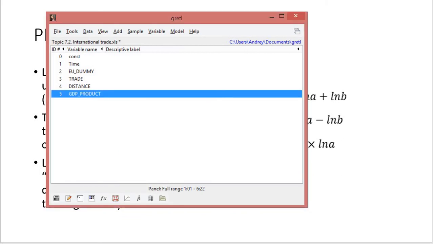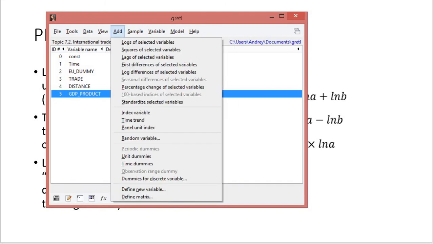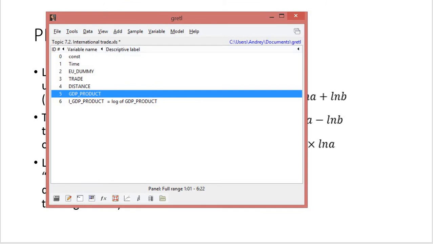You have to highlight the variable, add logs of selected variables. Log actually stands for natural logarithm. I know that this notation might be a bit misleading, as many students ask, if you have ln for natural logarithm, why is it denoted as log? The answer is, because I don't know, but this is the natural logarithm.